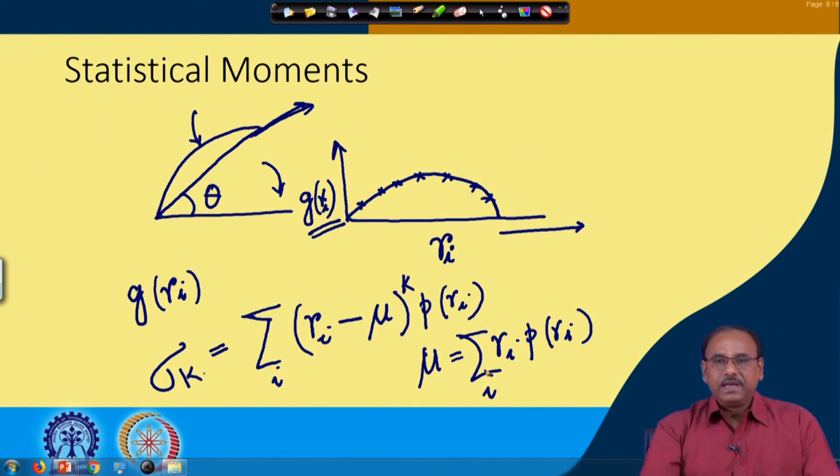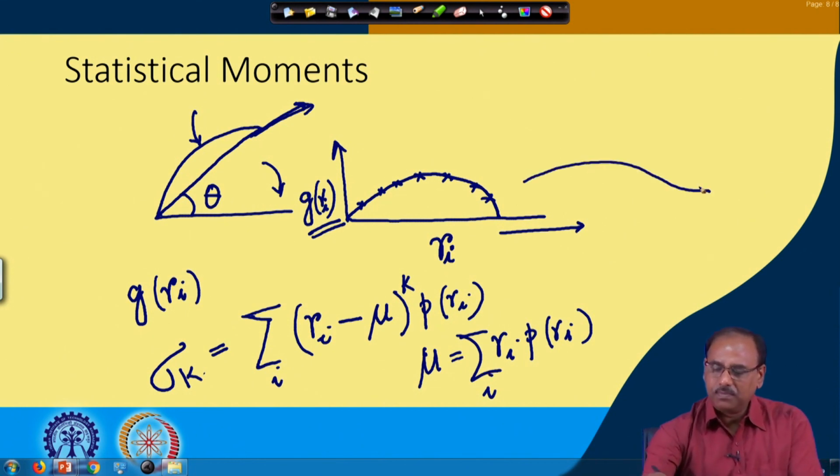So, here you find that if I take the value of k equal to 2, what I get is the variance. If I take k equal to 3, I get the third order moment. The second order moment is popularly known as the variance. That tells you the spread of this distribution. If the second order moment is very high, the distribution will be of this form, spread higher.